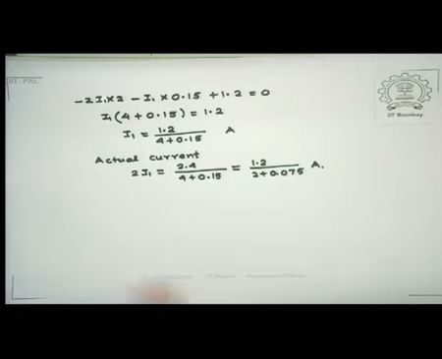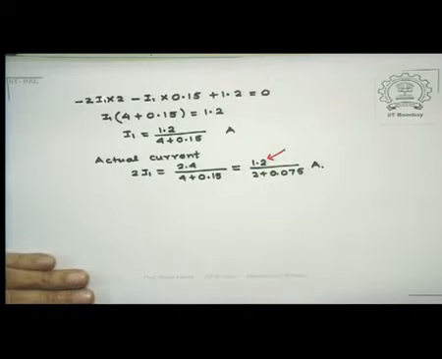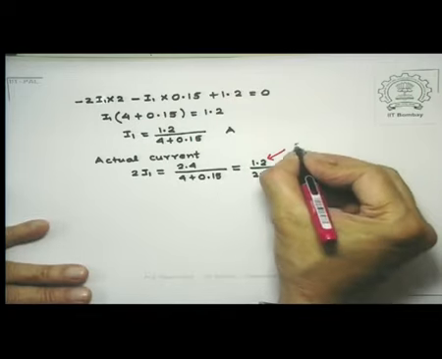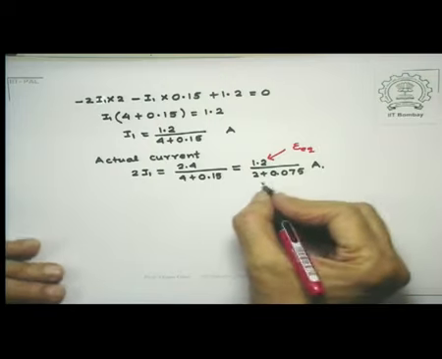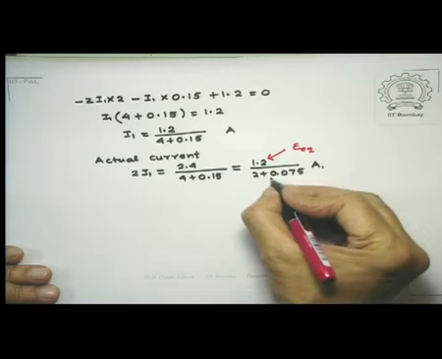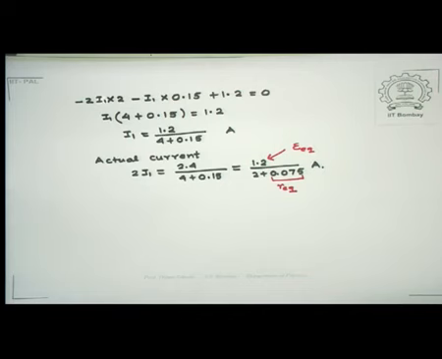Notice that this 1.2 volts that we have written down is the equivalent EMF of the parallel combination of the cells. As you know, two equal valued EMFs give the same EMF when they are put in parallel, and this denominator is the series combination of 2 plus the equivalent resistance of the internal resistances of the battery.